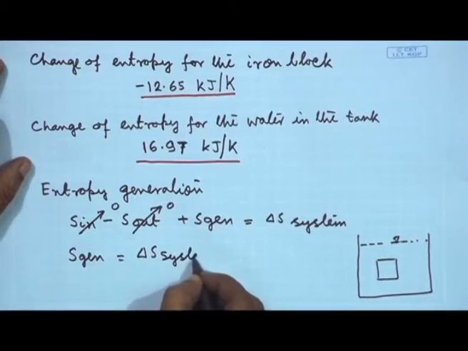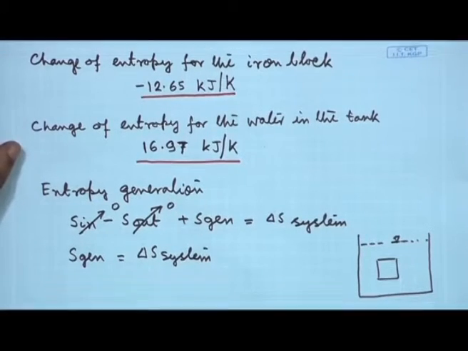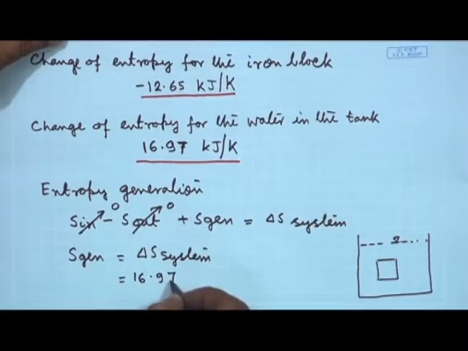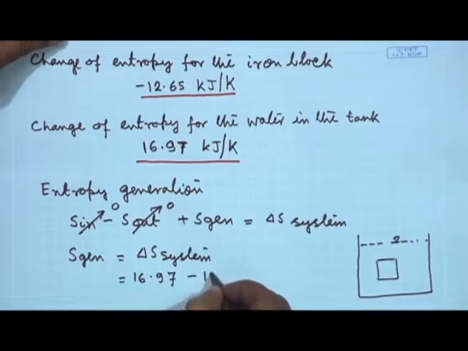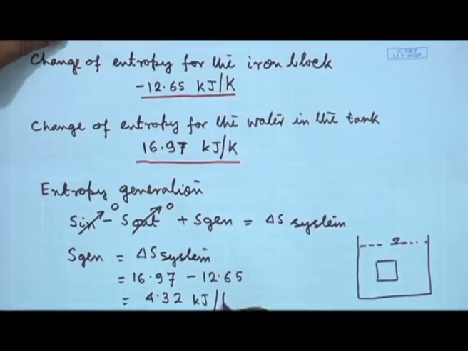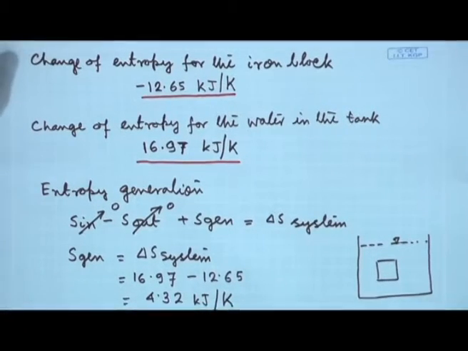So, what is the change of entropy of the system? It is 16.97 minus 12.65. So, we can get something around 4.32 kilojoule per Kelvin. So, this is our entropy generated.